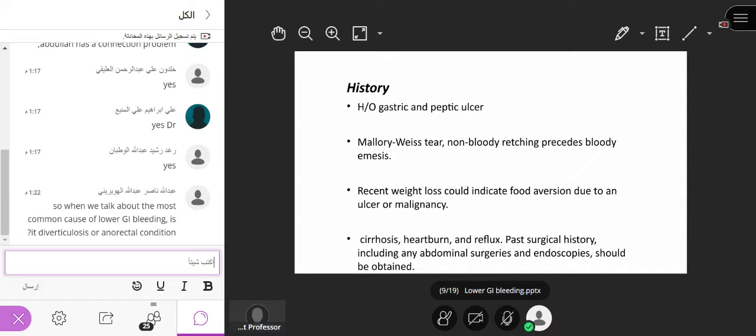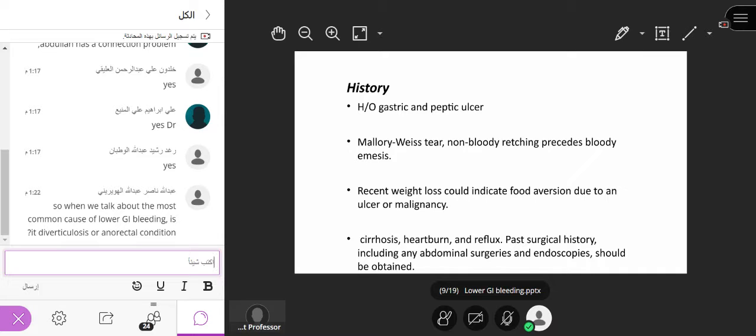The most common cause is diverticular condition, and colorectal carcinoma as well. So you get the history. You may not get the whole history, but you can ask certain questions which give leading points toward the differential diagnosis you have in your mind.